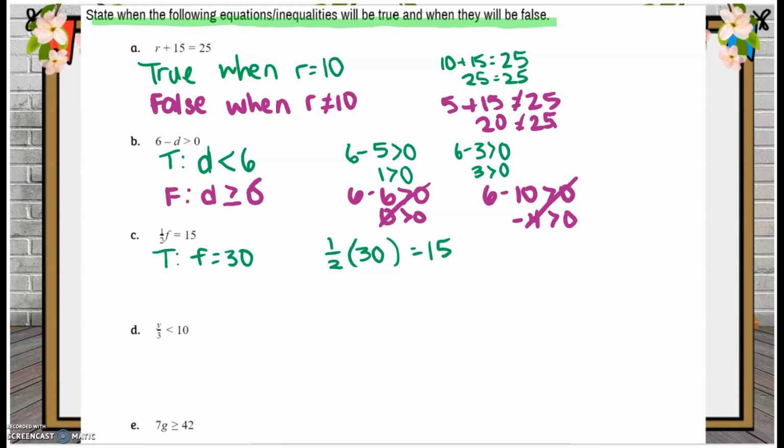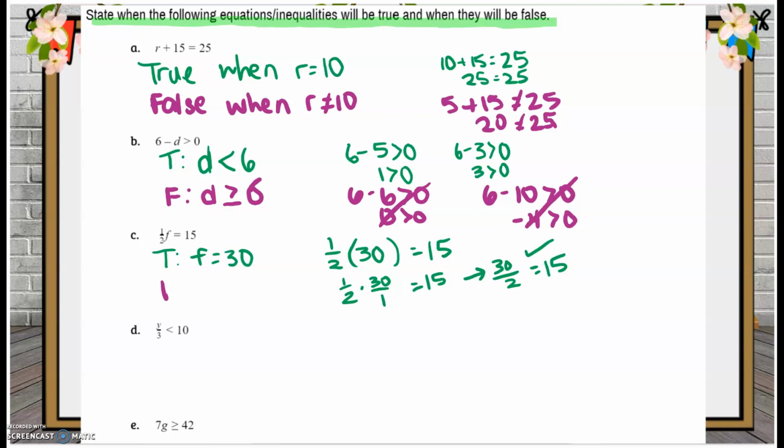Well, 1/2 times 30 is the same thing as 1/2 times 30 over 1. So 1 times 30 is 30. 2 times 1 is 2. Is that equal to 15? Yep, 30 divided by 2 is 15, so that is true.